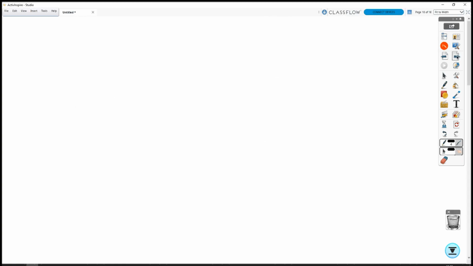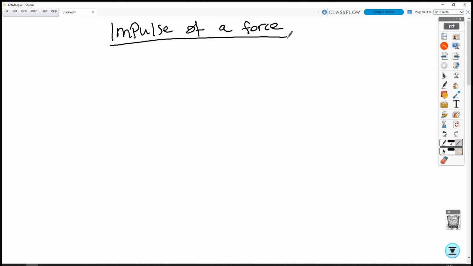Right, start a new page. Next, we'll look at the impulse of a force. The impulse of a force is just the change of momentum.